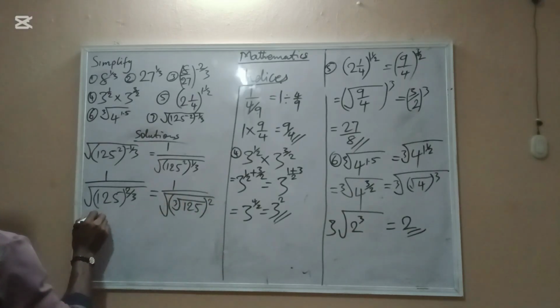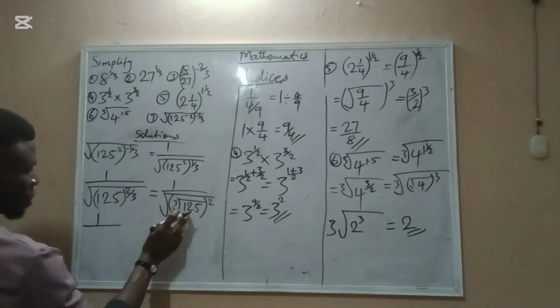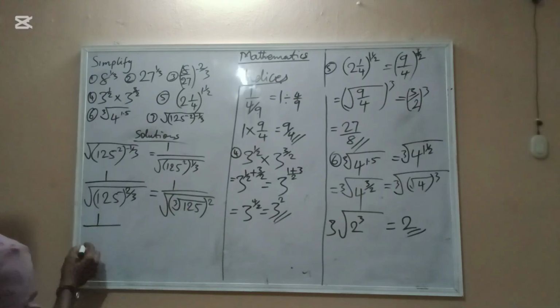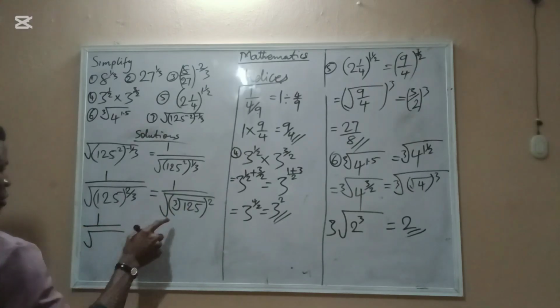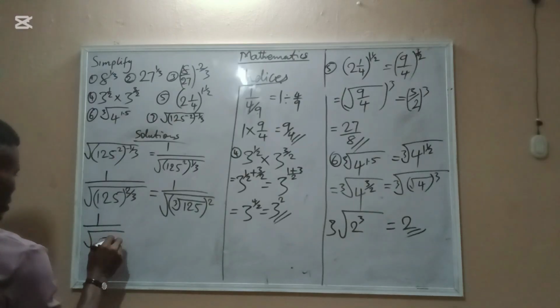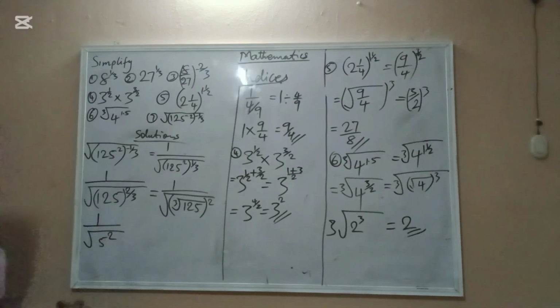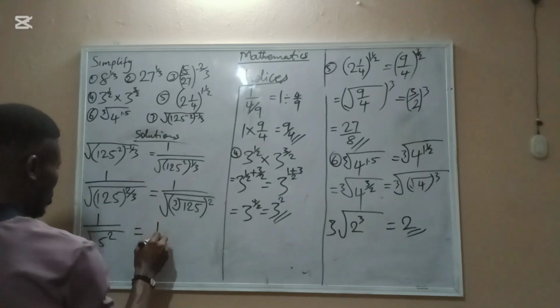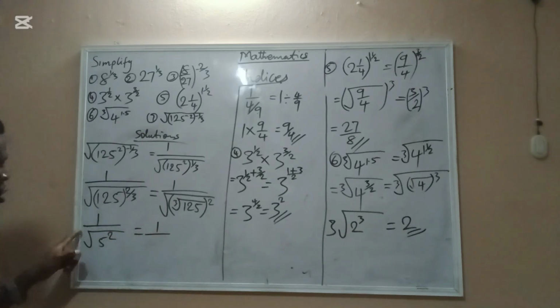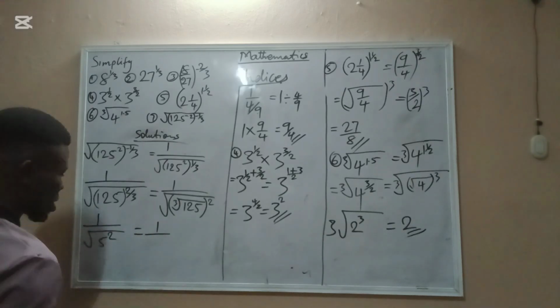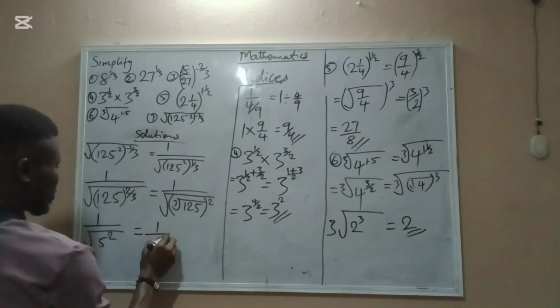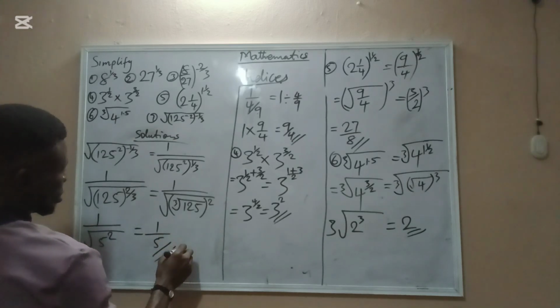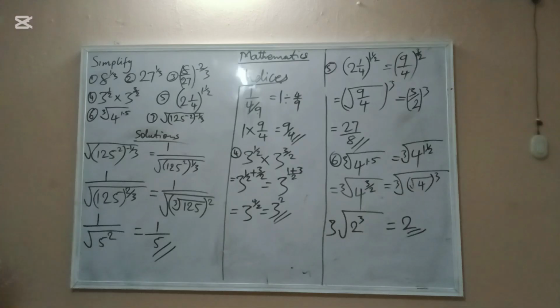And from there, that is the same thing as 1 over square root of, cube root of 125 is 5, to the power 2, right? And this is the same thing as 1 over square root of 25, which is 5. So that is it.